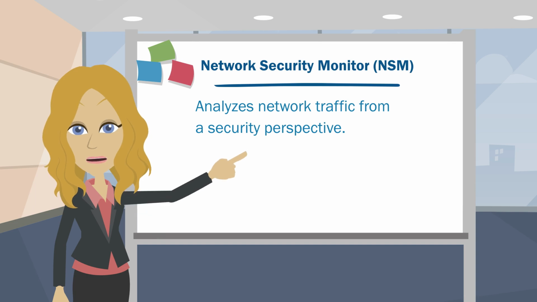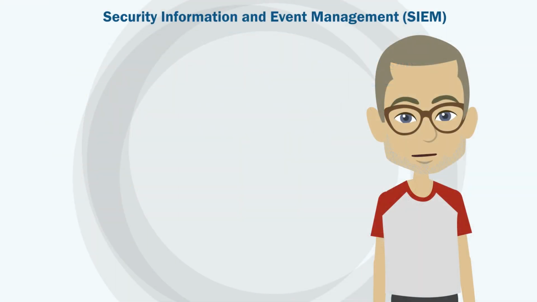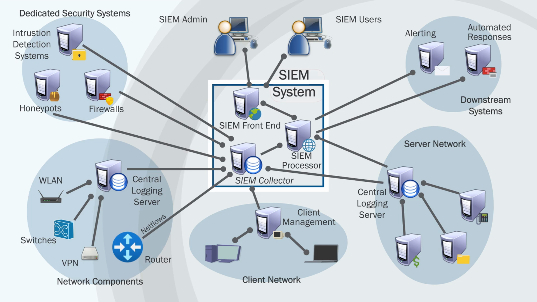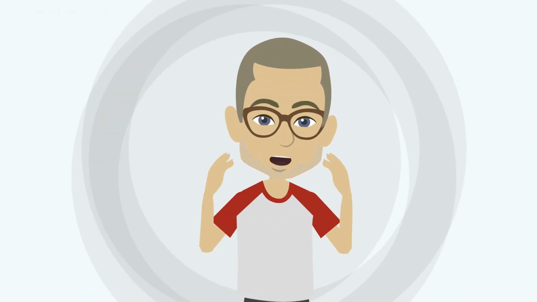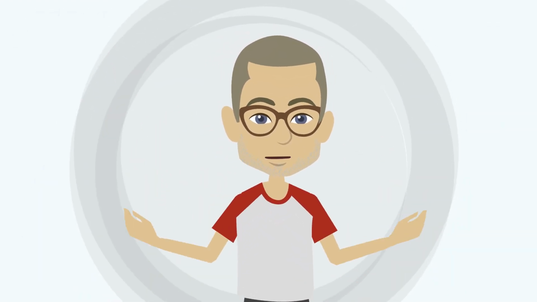A few examples of NSM include Malcolm and Security Onion. SIEM systems are like a central hub for all your network security data. A security information and event management, SIEM, system combines network security monitoring and endpoint monitoring. SIEMs are helpful because they provide a graphical interface and reduce the need to check multiple sources for logs.